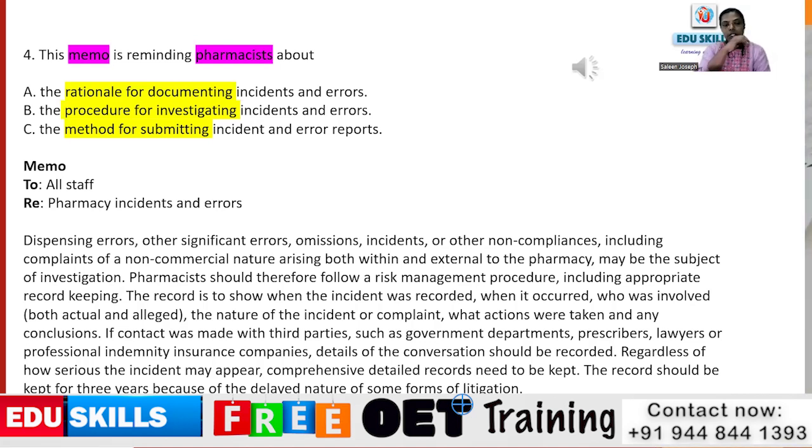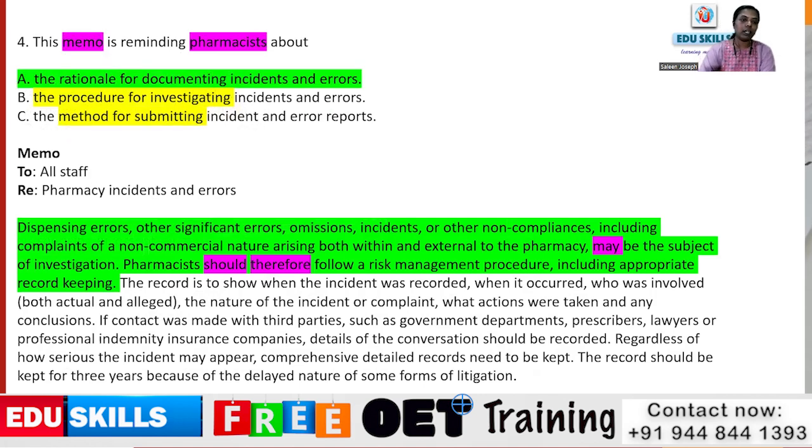As you read the text, you can find out whether they're talking about the rationale for documenting, or any procedure or any methods for submitting. Here in the topic sentence itself, they're telling dispensing errors and other significant errors, omissions, incidents, or other non-compliances, including complaints of a non-commercial nature arising both within and external to the pharmacy, may be the subject of investigation.